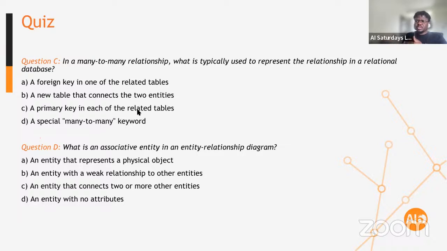You create a new table and then you introduce a primary key in each of the related tables as a new foreign key there. But the answer is actually a new table that connects the two entities. And then for question D, what is an associative entity in an entity relationship diagram?